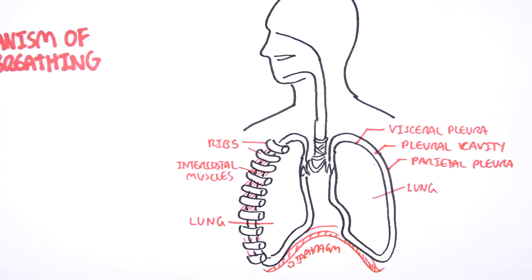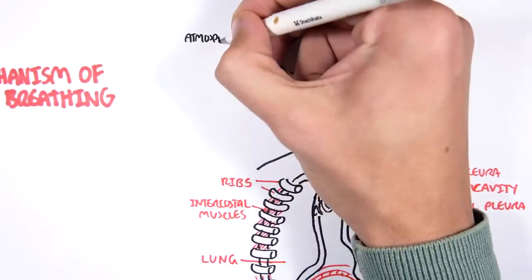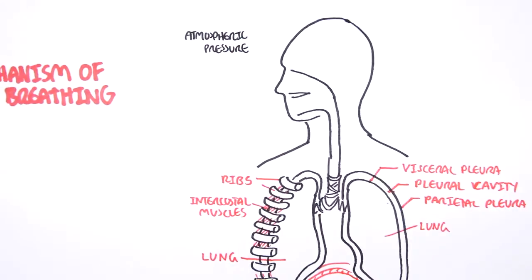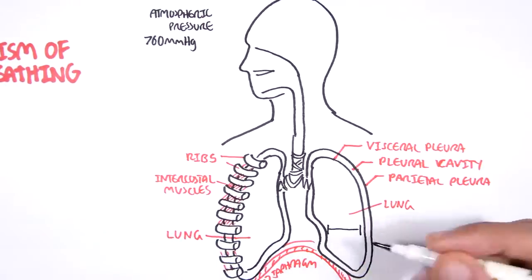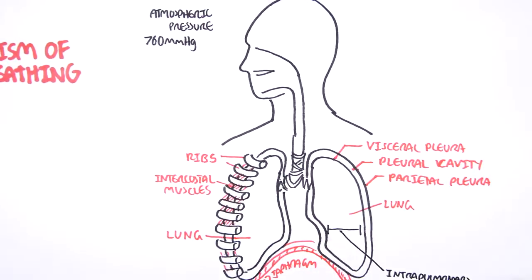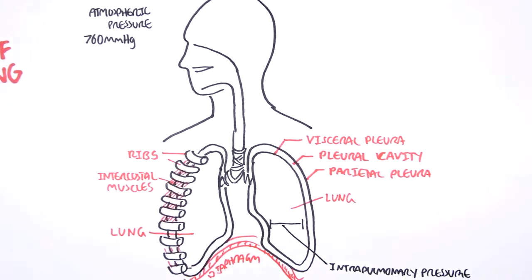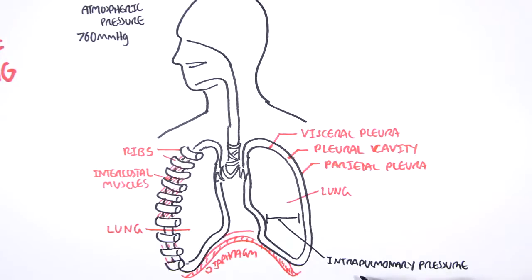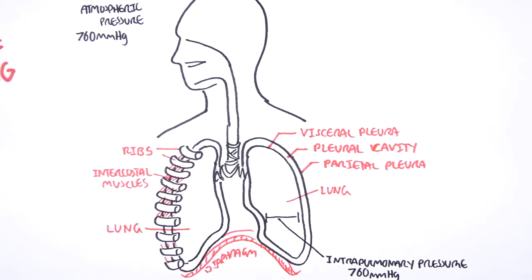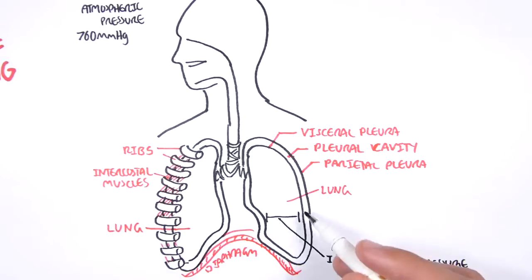Now, outside our body, there is atmospheric pressure, which we measure to be 760 millimeters of mercury. In our actual lungs, there is a pressure that we call intrapulmonary pressure, which balances the atmospheric pressure, so it's at 760 millimeters of mercury. We also have another pressure called the intrapleural pressure, which is the pressure in the pleural cavity.